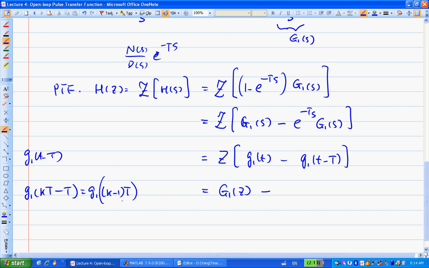If the Z transform of G1 of t is G1 of Z, then the Z transform of this is simply multiplied by Z to the power of -1. So Z to the power of -1 represents one step delay. So this is the Z transform of this one here.